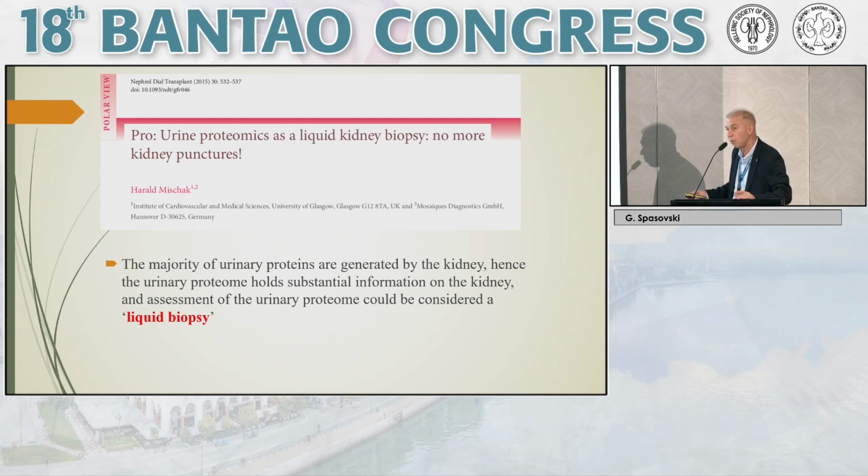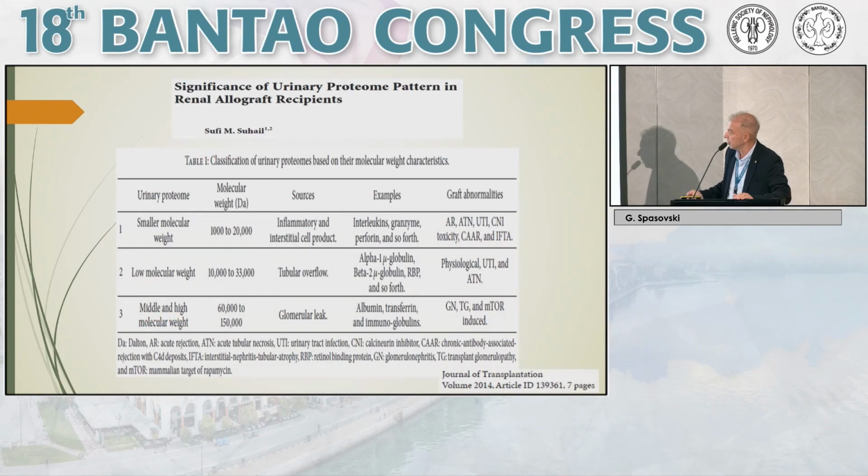And there was a pro and contra discussion with Jürgen Floege about these two issues: whether it's better to have tissue and structural damage, which could be obvious, or to have proteomic analysis, which can be easily and frequently done and could monitor therapeutic responses, et cetera. And here we present different molecular weights.